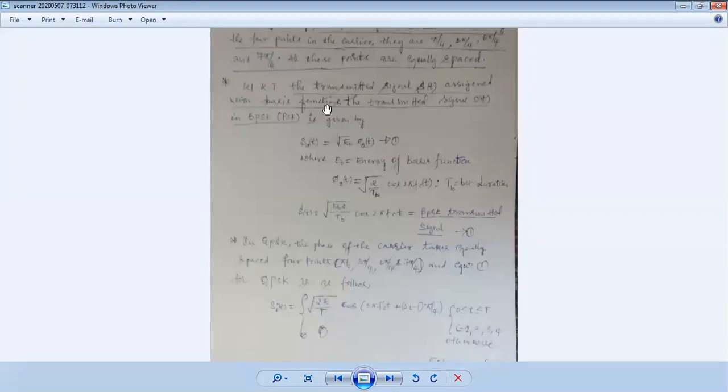This is quadrature because of the 90-degree phase shift, but we can also use 5 pi by 4 and 3 pi by 4, as long as all are equally spaced. Why this is so, I will come back to when I talk about M-ary FSK.